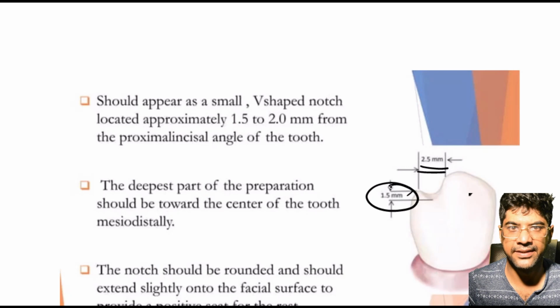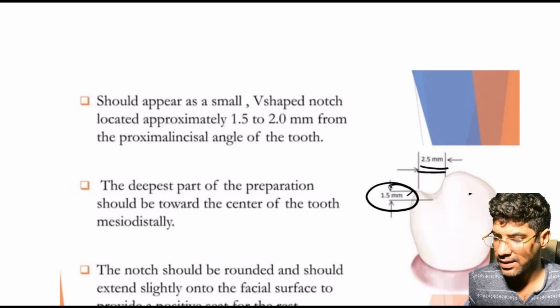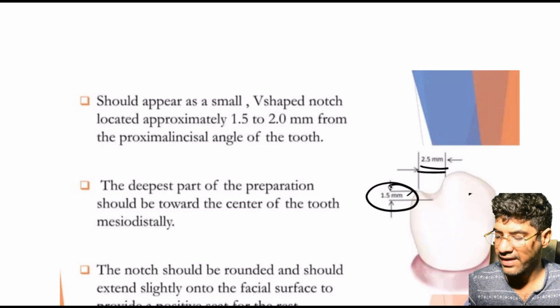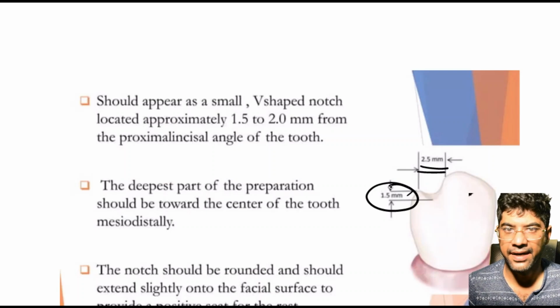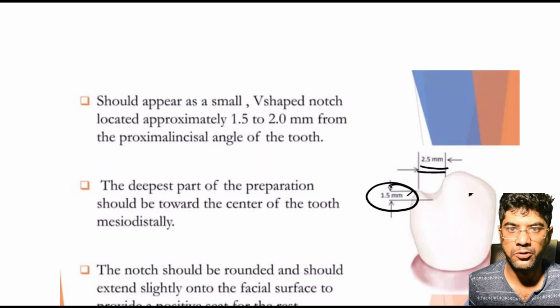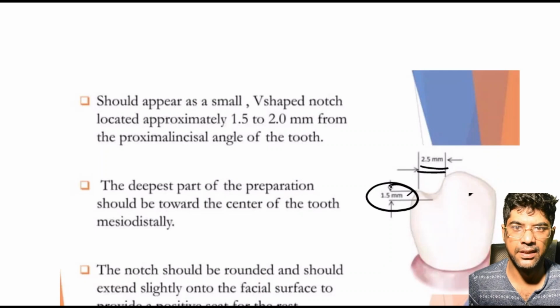So what are the dimension and shape of the incisal rest? The incisal rest should measure 2.5 mm mesiodistally and 1.5 mm occlusogingivally. The deepest part of the preparation should be oriented toward the long axis of the tooth mesiodistally.